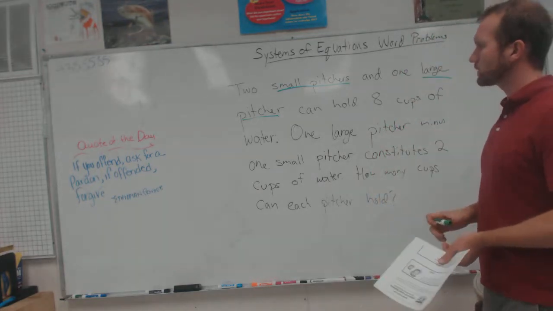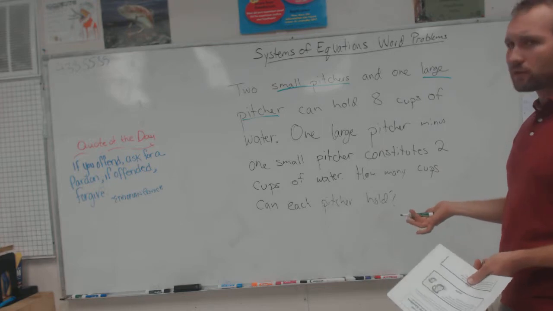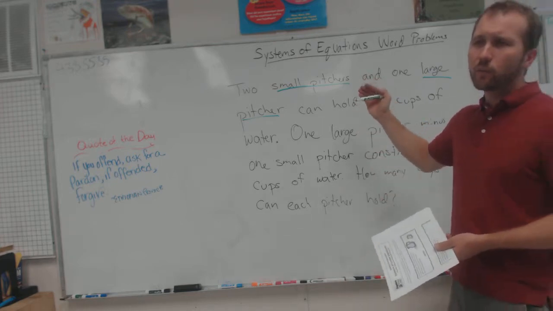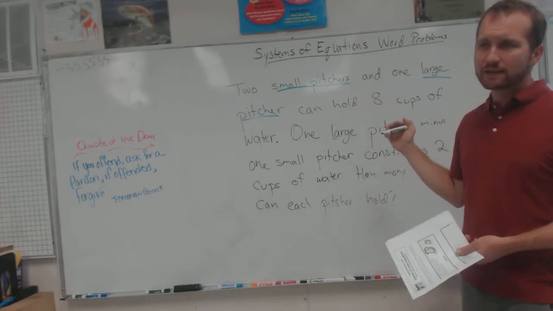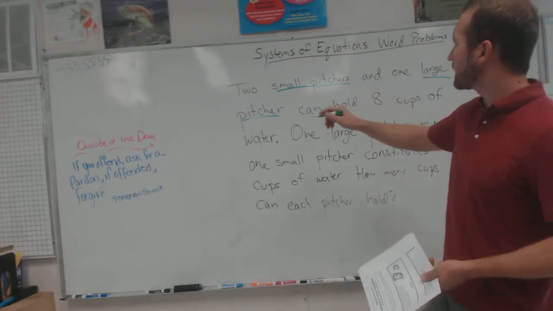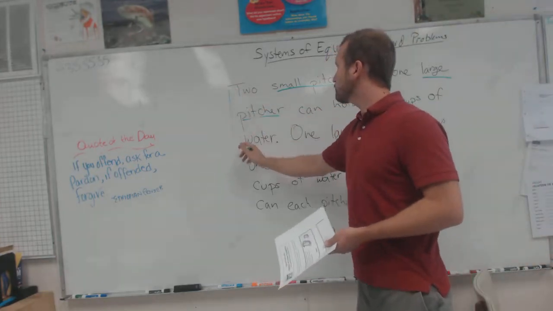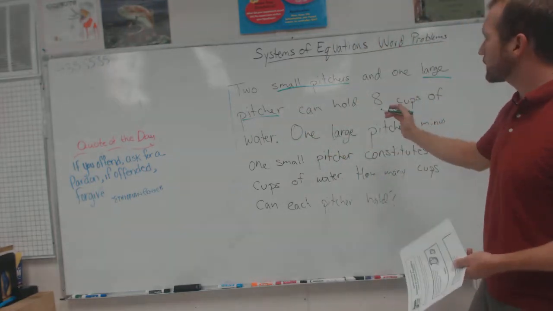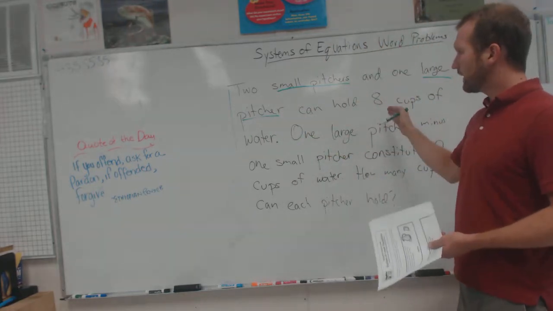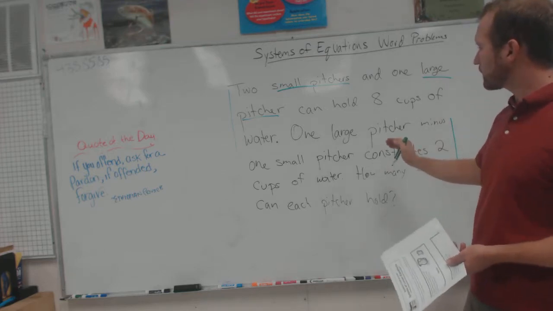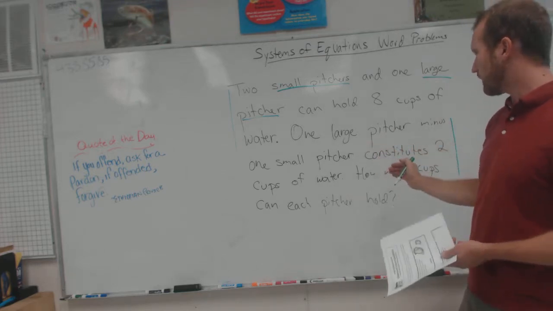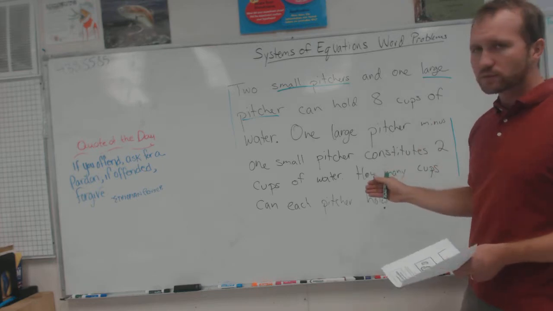Another clue is that we have more than one piece of information, so usually more than one sentence. We have this sentence that tells us 2 small pitchers and 1 large pitcher can hold 8 cups. And then we have this other sentence that tells us 1 large pitcher minus a small pitcher has 2 cups.